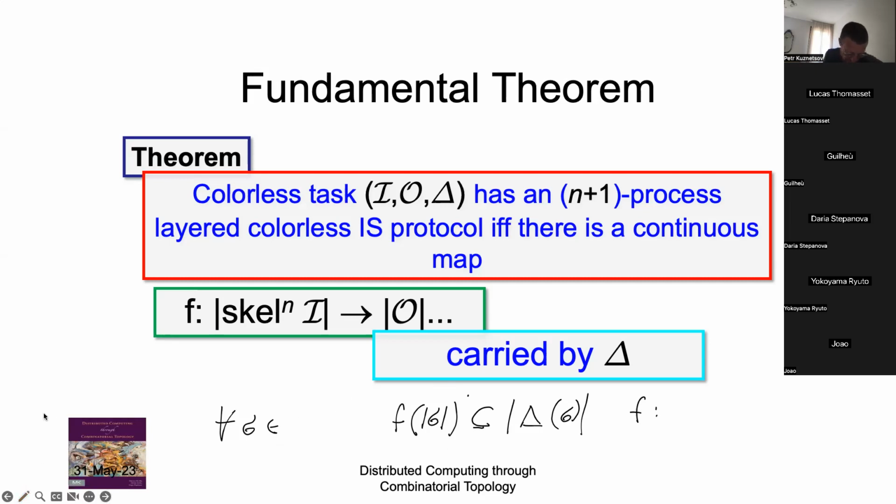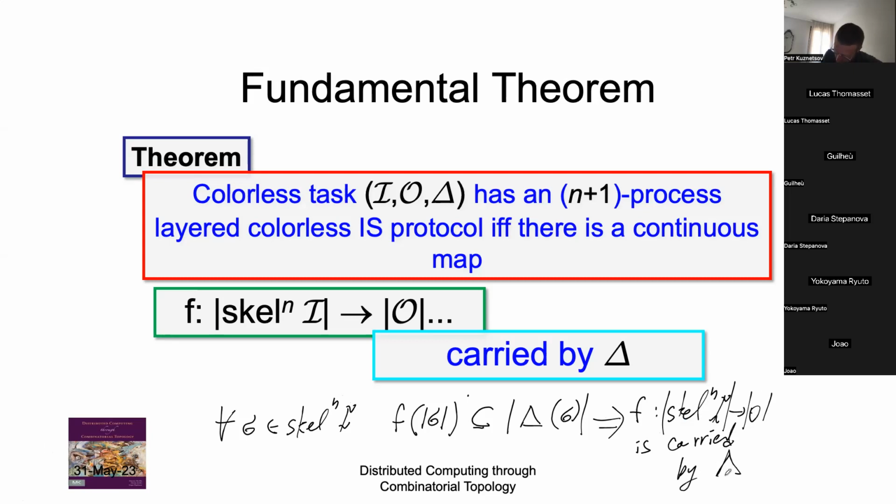This should be skeleton of dimension n of I. And f as a map from skeleton dimension n of I to, of course, geometrically, to O respects the task specification. Okay. Notice this if and only if here, because it's a characterization. Characterization meaning that it has necessary and sufficient conditions.